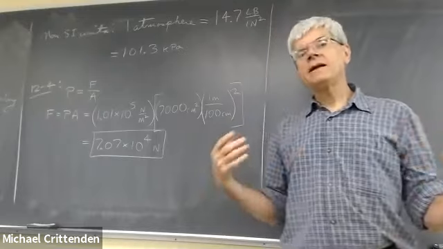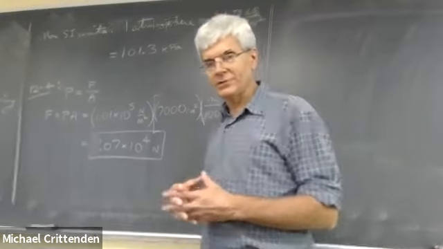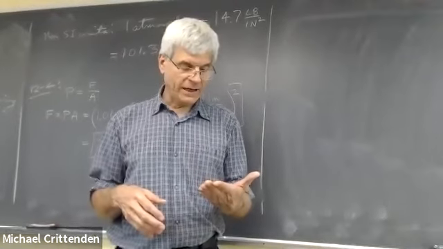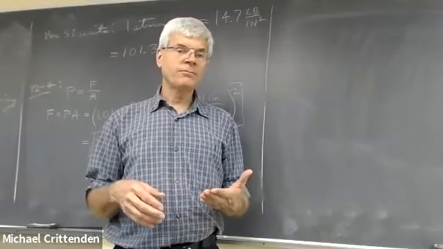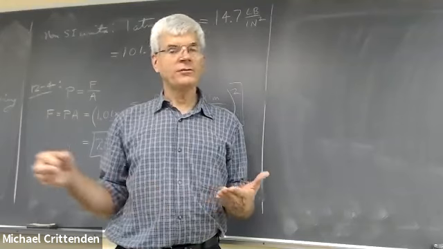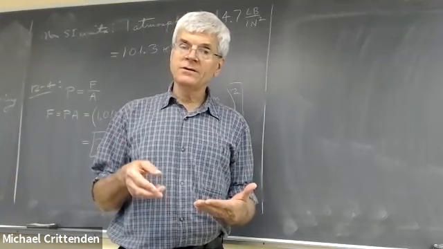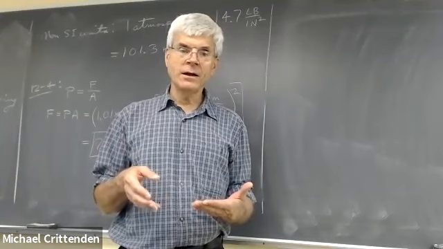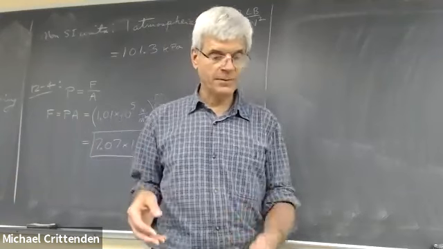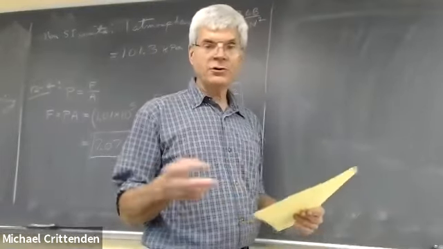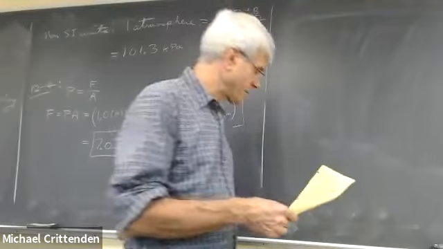Okay, so that's the difference between absolute pressure and gauge pressure. Gauge pressure, like you'd read off a gauge, tells you the pressure relative to the surrounding atmosphere. Absolute pressure means the total pressure that's there relative to a vacuum. And to convert from one to the other, you would add or subtract atmospheric pressure.